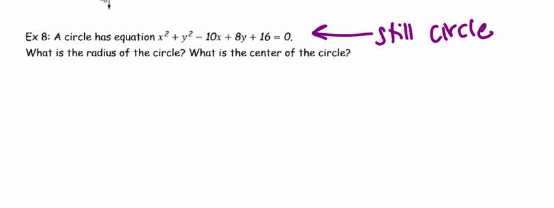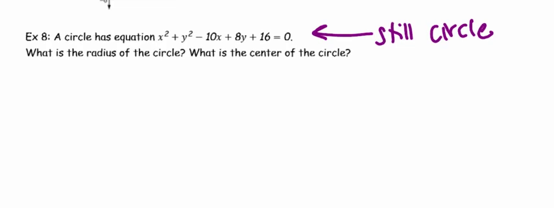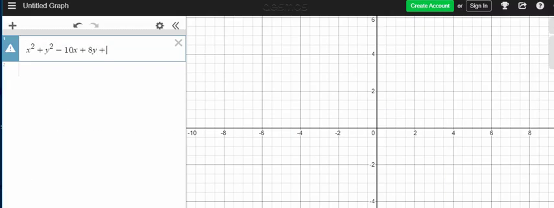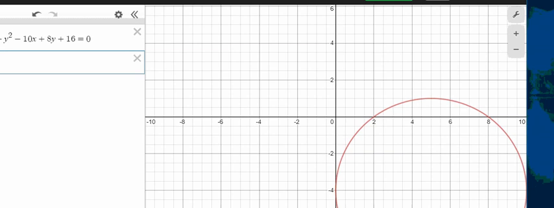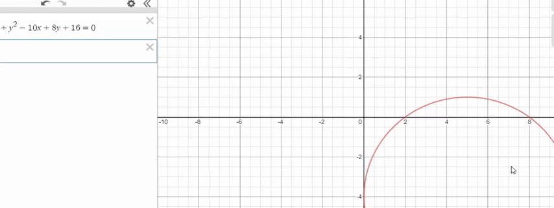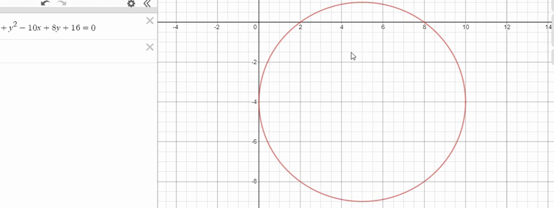Yep, plus y squared minus 10x, plus 8y, I'm just double checking, yep, plus 16 equals 0. And hopefully you can see that it started to make a circle. I'm going to drag my Desmos, there it is. So there's what the circle looks like.